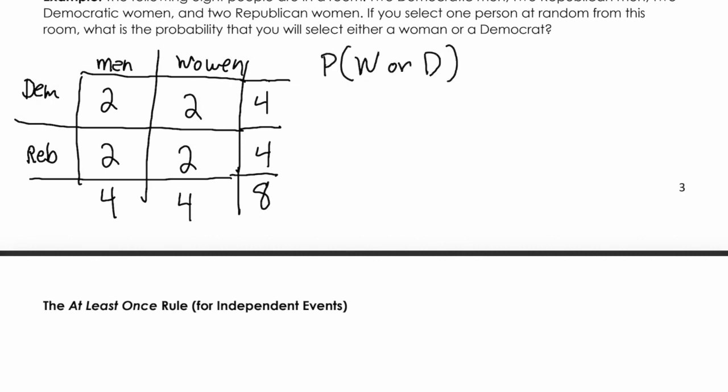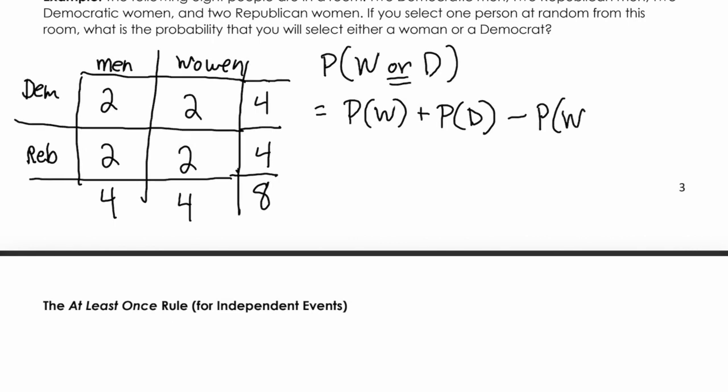So I want to find the probability of getting a woman or a Democrat. The fact that I'm looking for the probability of an or statement tells me that I'm going to use the probability of getting a woman plus the probability of getting a Democrat, and then I subtract off any possibility of overlap. So the probability of getting a woman and a Democrat, so that we don't count them twice.